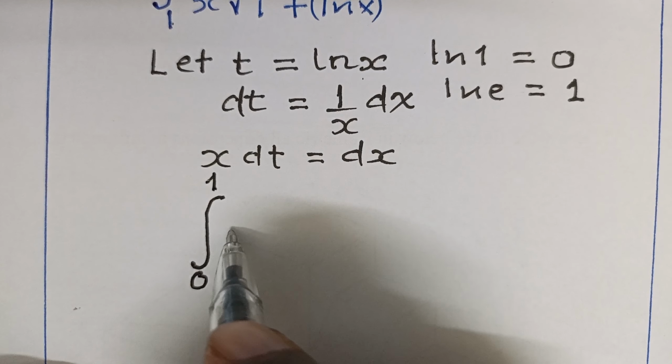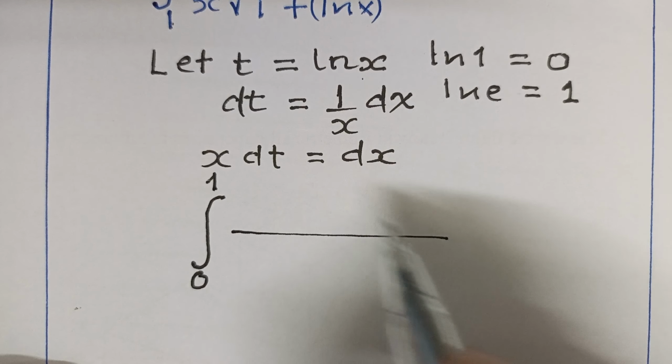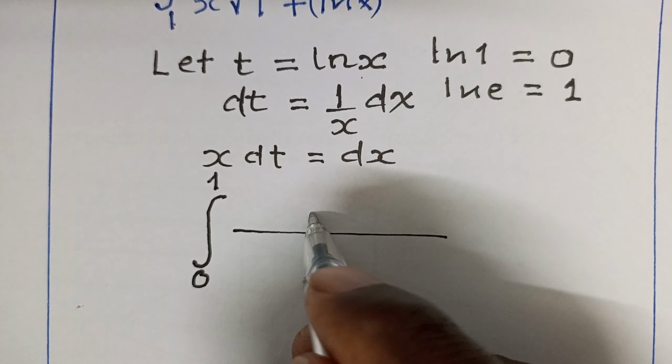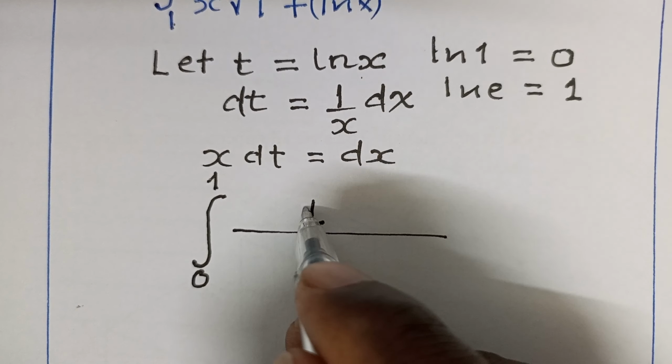And then, guys, we are replacing for ln x. For ln x, we are going to have t here. And right here, we can put first of all the x, and then the square root of 1 plus ln x is t, so this is going to be t squared.